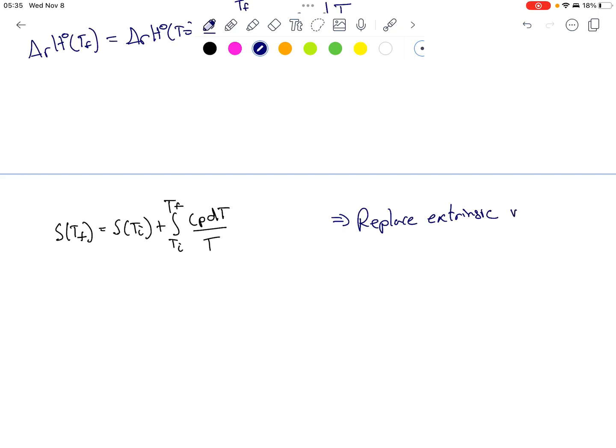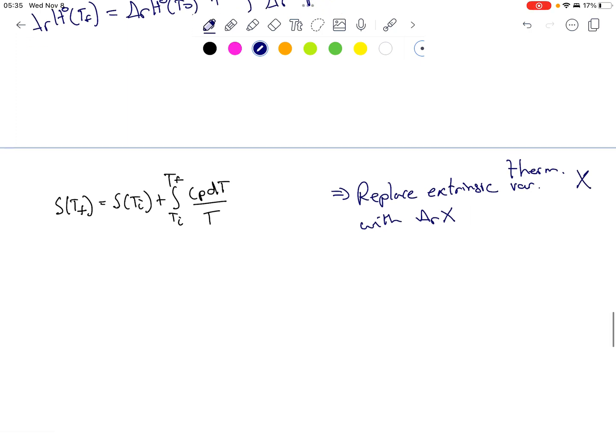And when I apply that to a chemical reaction, what I'm going to do is replace extrinsic thermodynamic variables with delta Rx. So any extrinsic thermodynamic variable x will get replaced with delta Rx. So for S here, that's the thermodynamic variable, so delta Rs of Tf is equal to delta Rs of Ti plus the integral from Ti to Tf.